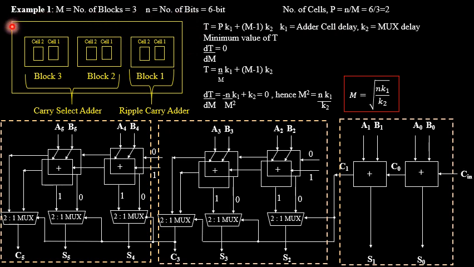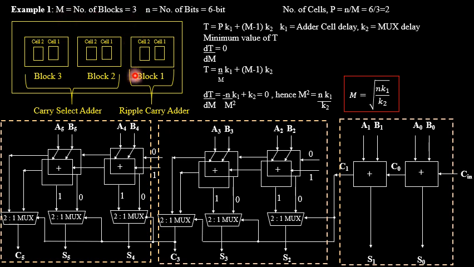So this entire rectangular block, again this is not mandatory to draw in your exam. In your exam you are supposed to draw only this particular diagram. So this is just for your reference, the layout of how it will exactly look like. So the outer block represents the entire structure of a 6-bit carry select adder, and from this particular question I know that the value of m is equal to 3.